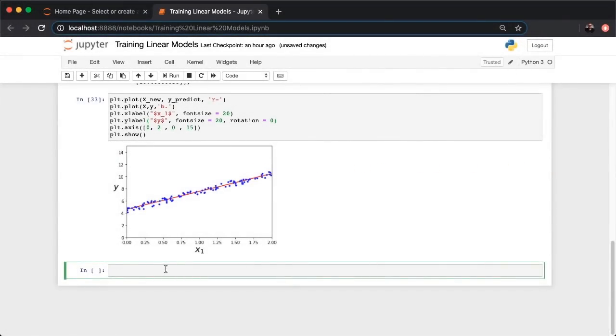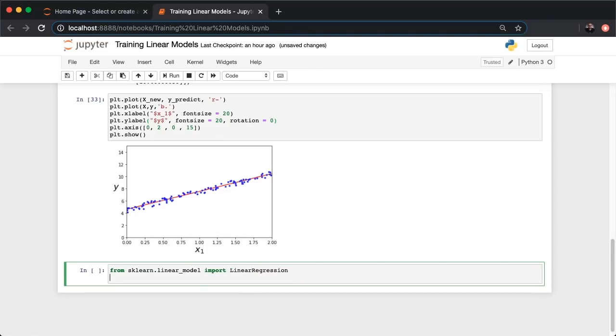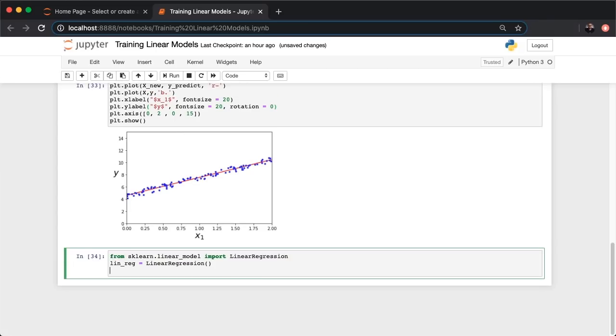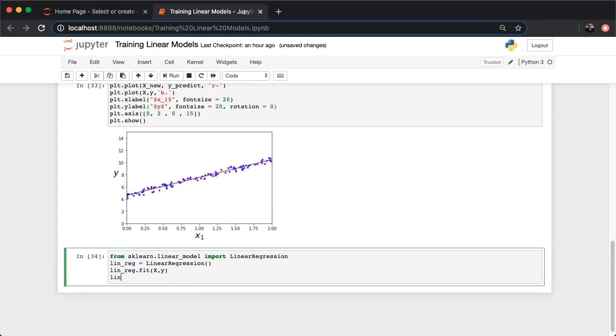So if you're using the sklearn module, you'd import the linear model, and from linear model you'd import LinearRegression. Initialize a linear regression object, then perform a fit on y versus x, and last but not least you'd want the coefficients.